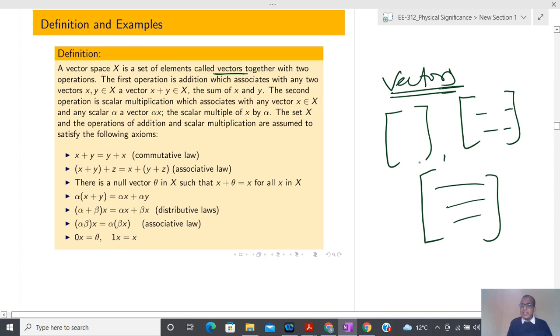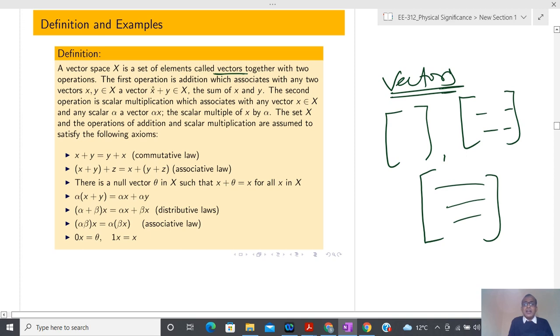These three kinds of vectors we are considering in our analysis, with two operations. Whenever we consider a vector space, the two operations should satisfy the property of an abelian group, and due to that reason I need two operations.